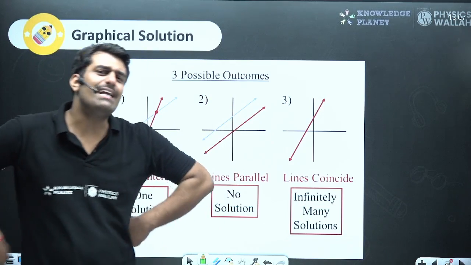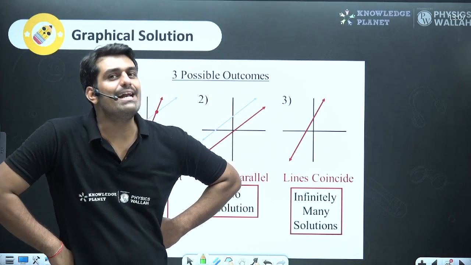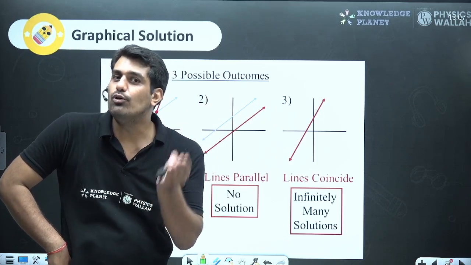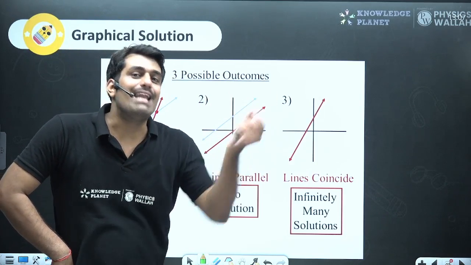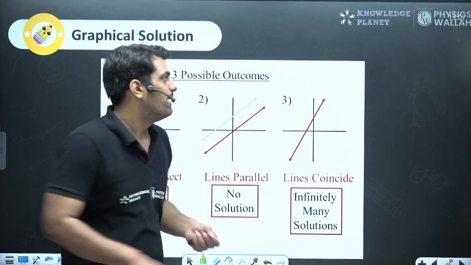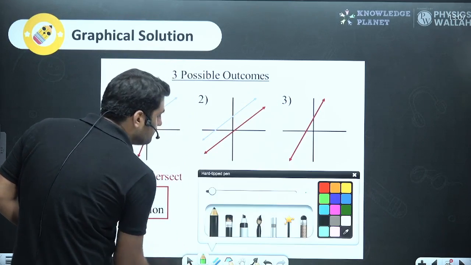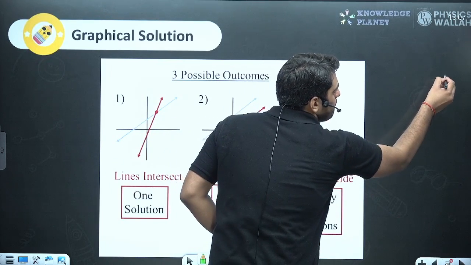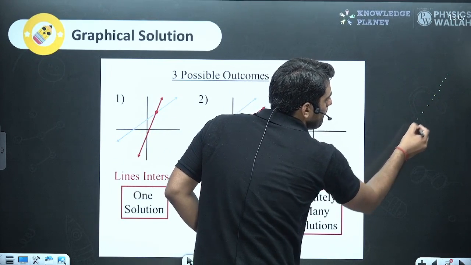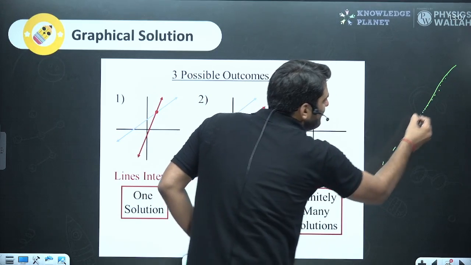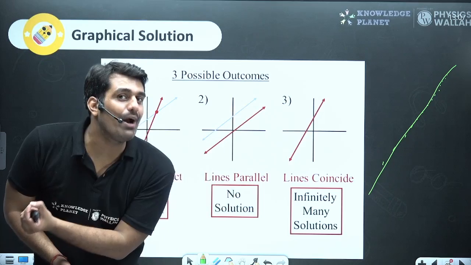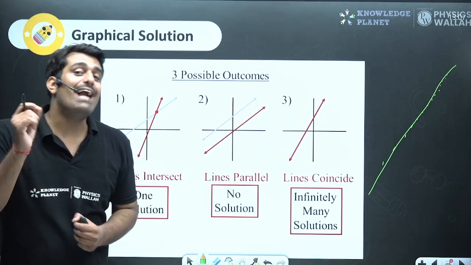Why infinitely many solutions? Now, what does infinitely many solutions mean? I told you a line is made up of multiple points. If I draw a line like this, basically it is a connection of multiple points. And what are these multiple points?